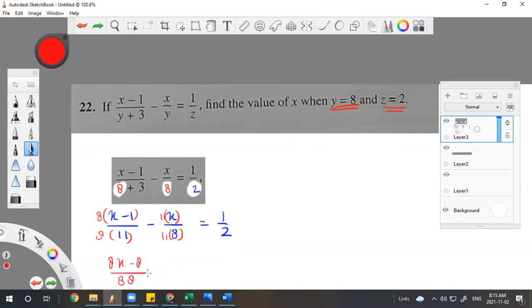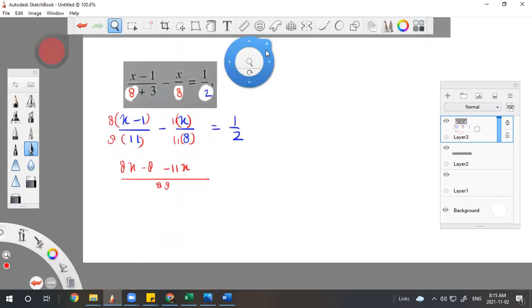Salah. Over. Kan 88 itu semua, bener gak? Ini negative 11x, right? Equals to 1 over 2. Ini digampangin 8x minus 11x langsung aja negative 3x. Ya. Sih, boleh kan? Boleh. Makanya tebelin gitu.